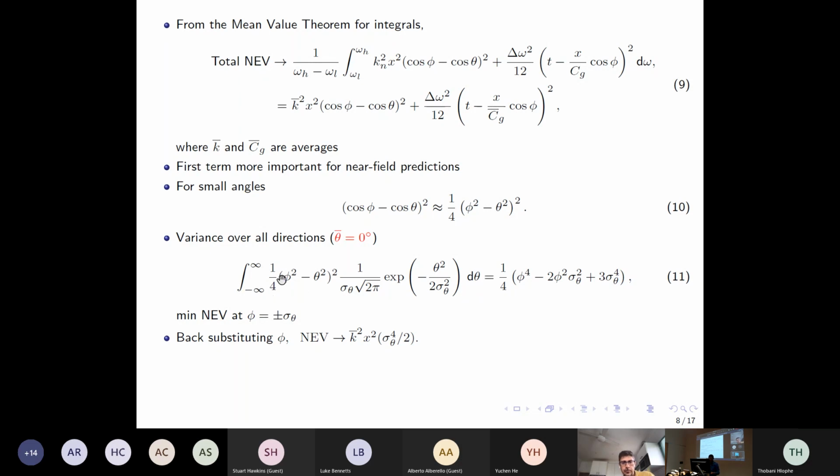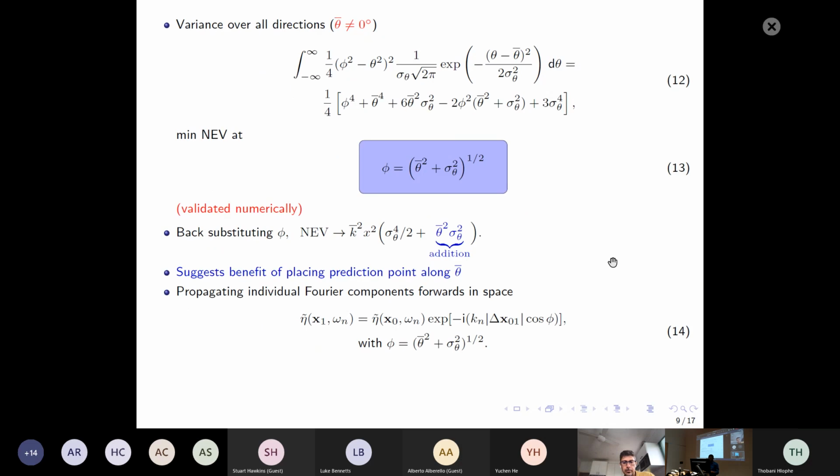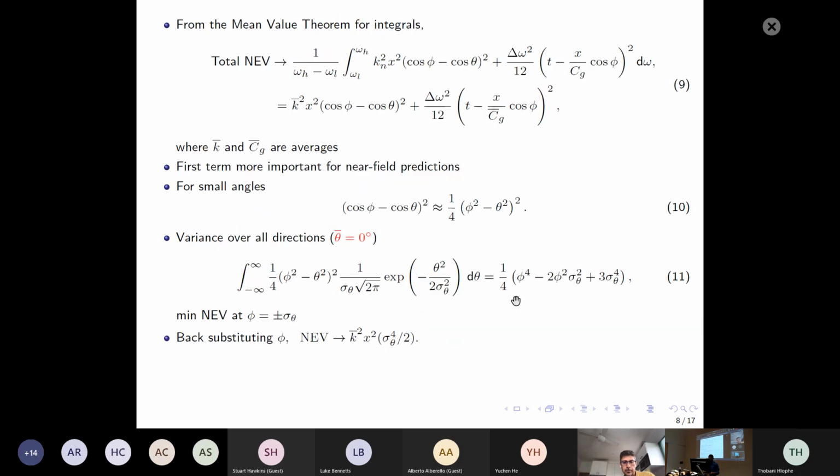We put the directional term here first, and we drop the k squared and x squared because they have nothing to do with direction. And then this is what we get. And when we minimize the variance, because the variance is pretty much the measure of error, we get the solution phi is equal to plus or minus the standard deviation of the wrapped normal spreading function.